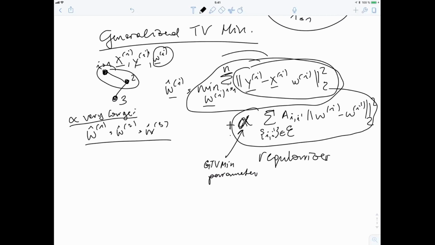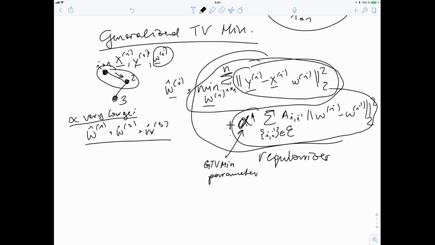So what we could do is we solve this GTV minimization problem with alpha very large, and we can solve this optimization problem using gradient descent, which we will talk about next week. So next week on Monday, I will introduce you to this maybe most important class of optimization algorithms for machine learning and federated learning, which is gradient-based methods. And these gradient-based methods can be implemented as message passing. So we have to exchange messages which are not raw data, but something like model parameter updates.